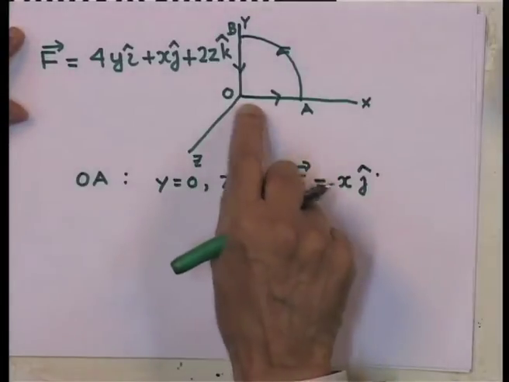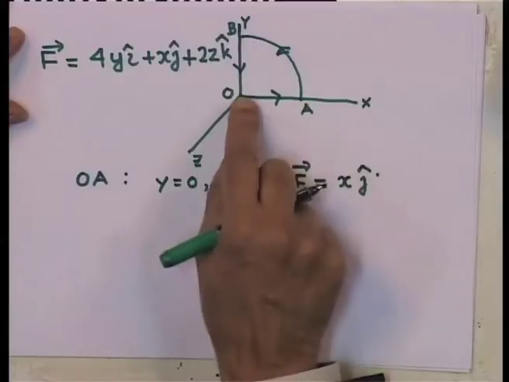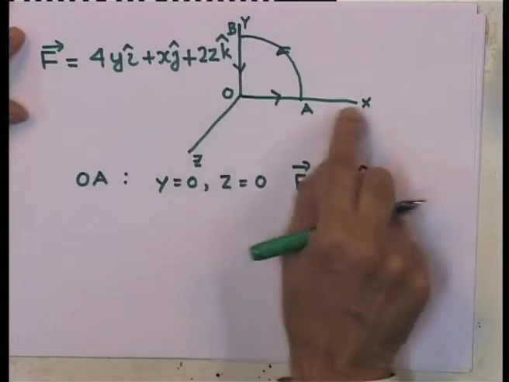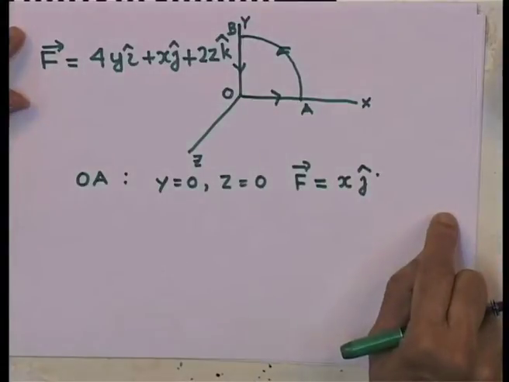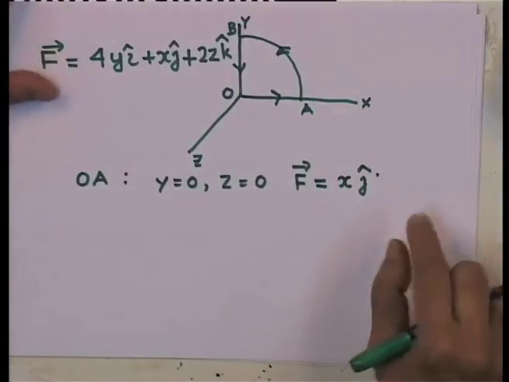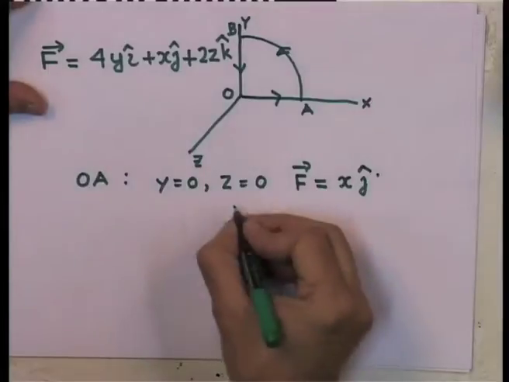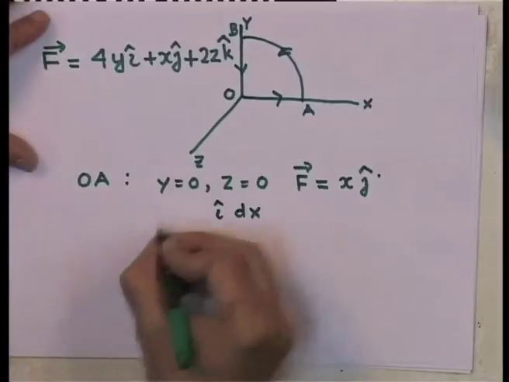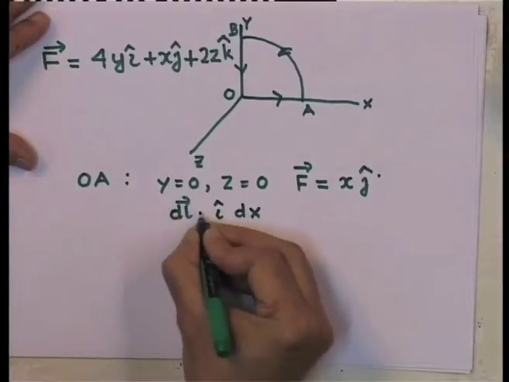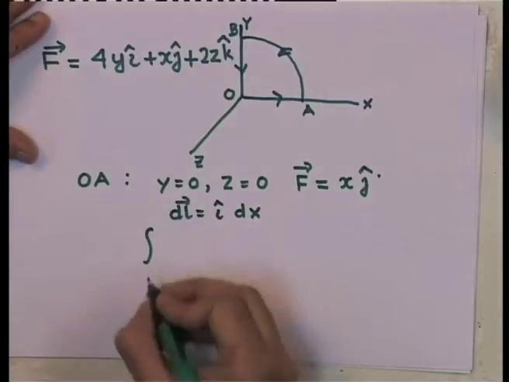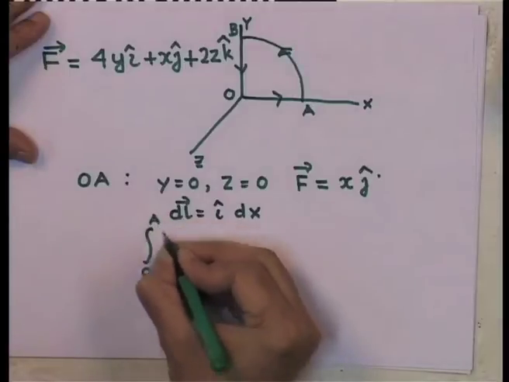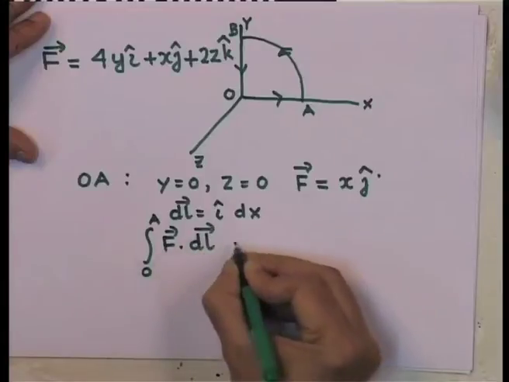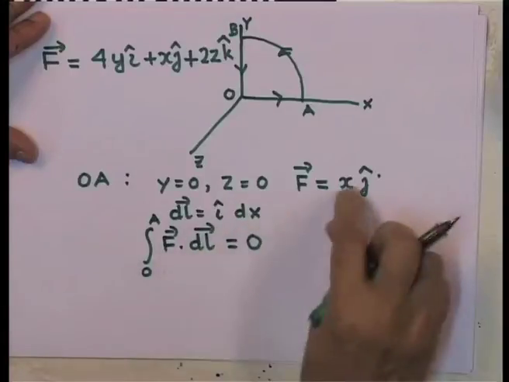However, when you go from O to A, you are going along the x direction. So, your differential element is i dx, that is my dl. So, the integral from O to A of f dot dl is 0, because i dot j will come in.